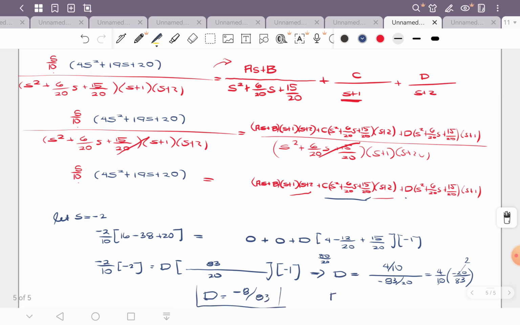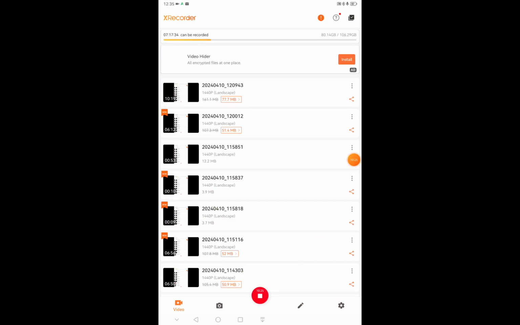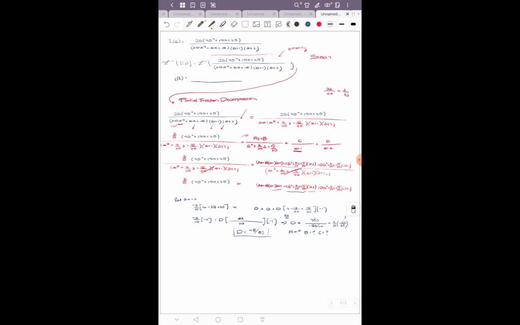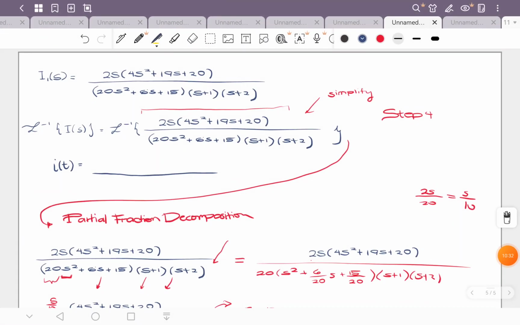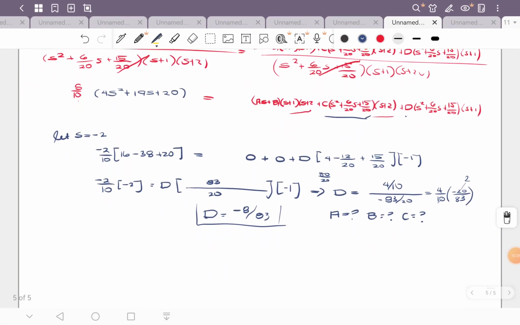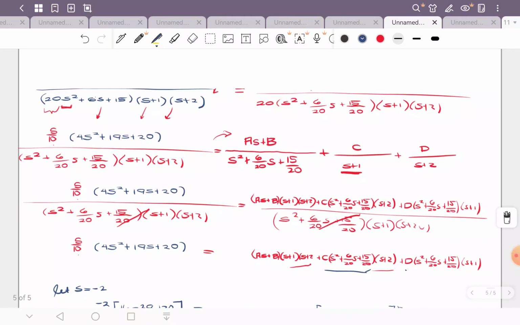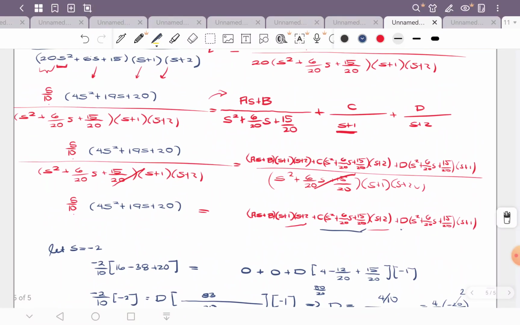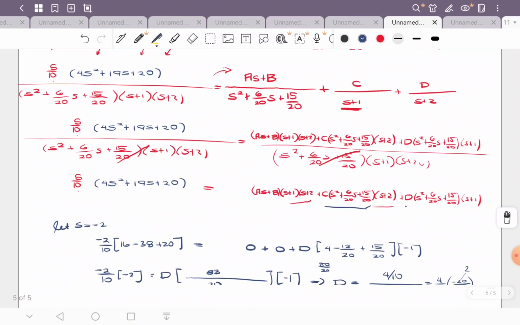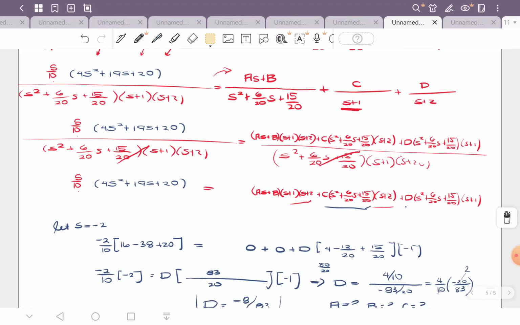Now we are going to find our unknowns a, b, and c using the same process. Let us find c. For the unknown constant c, we're going to use the same equation. Let us copy this one.